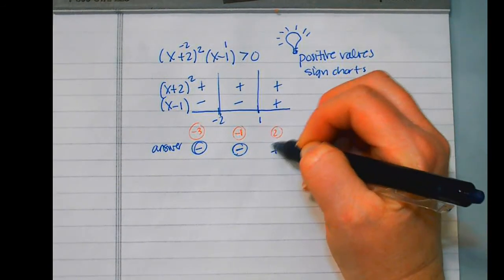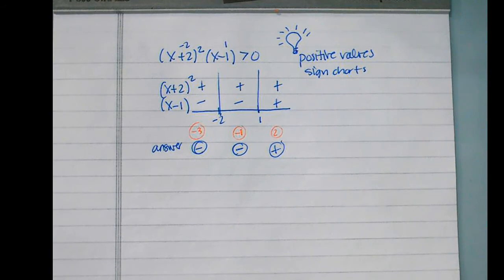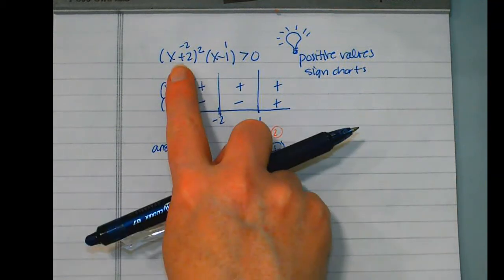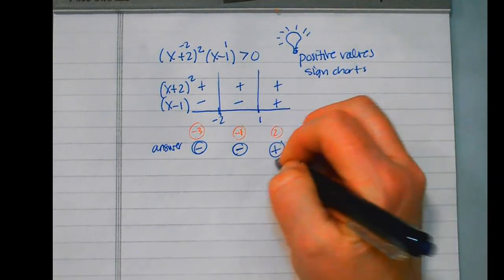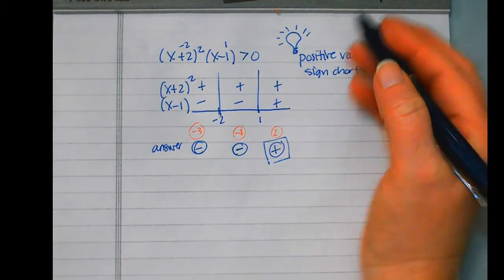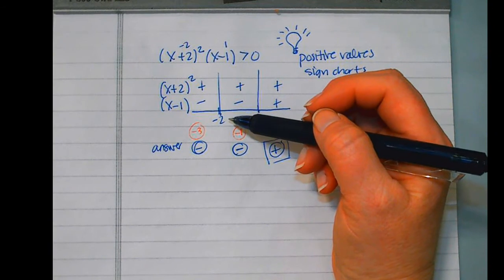This one will be positive, and I look back at my original question, and what is it looking for? Is it looking for it to be positive or looking for it to be negative? Positive. It says, where is the function, that means this part, bigger than 0? So this is what we need, positive, and we need to turn this into intervals.